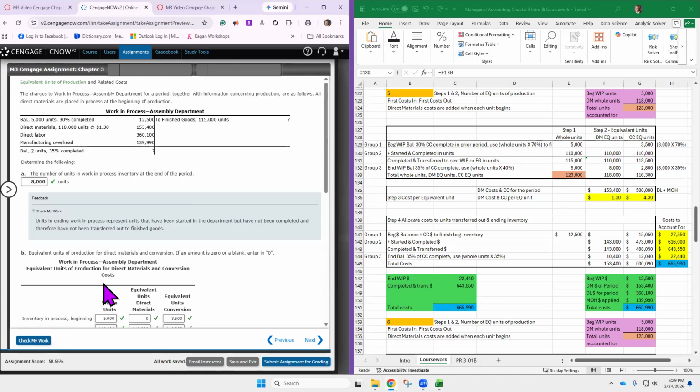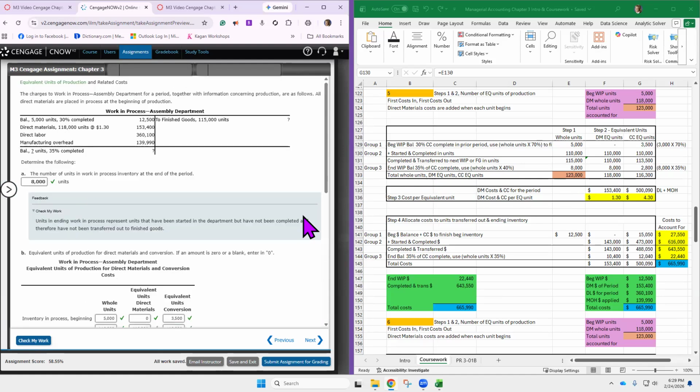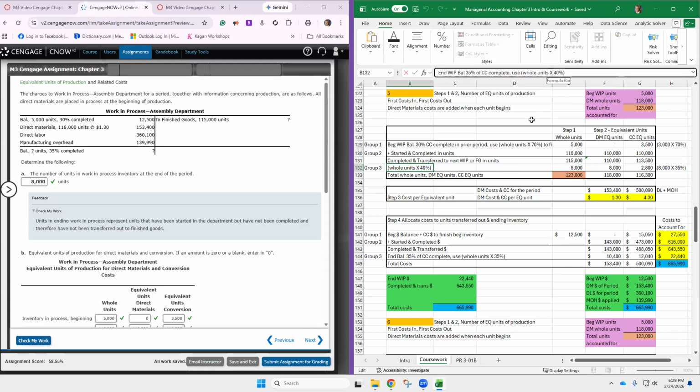8,000. Okay, and then 8,000 times, I've got to see which one this is. It is 35%. Yep. If I miss something, I just want to fix it so we don't have any troubles. Since I made the template, all right.